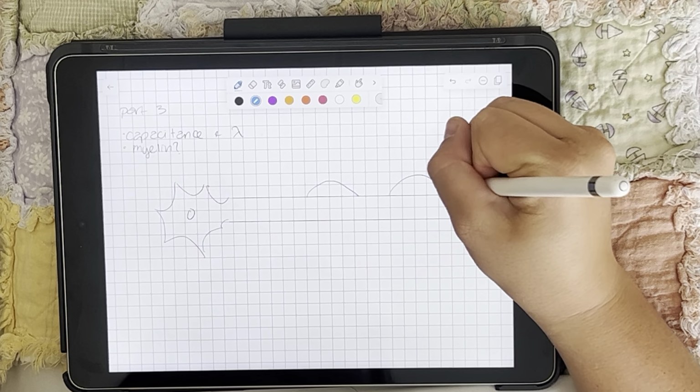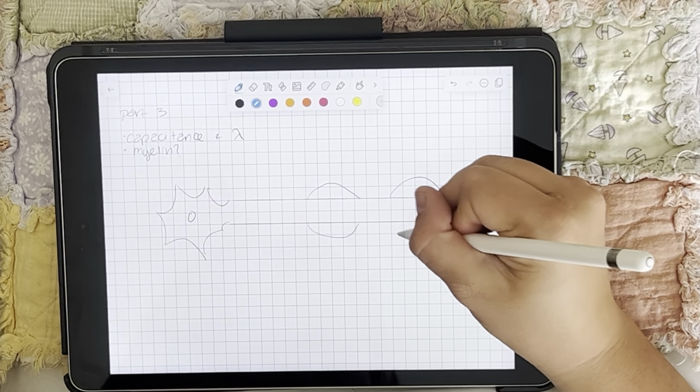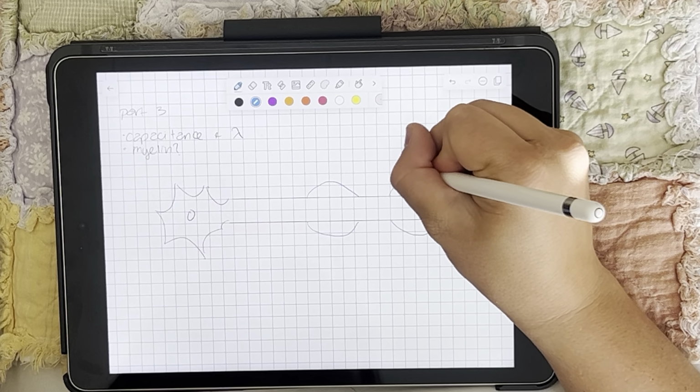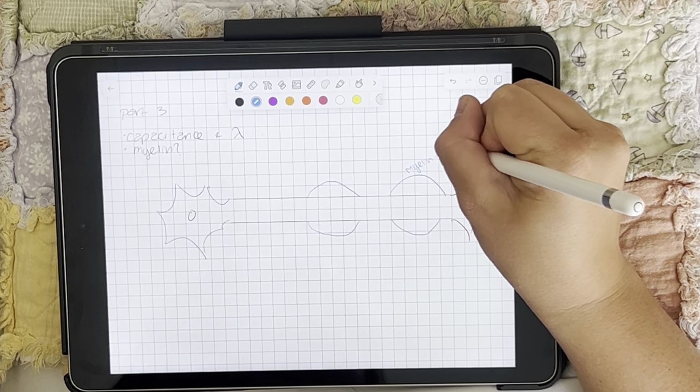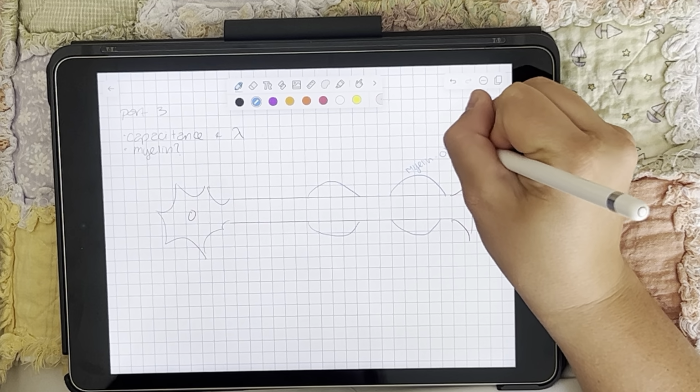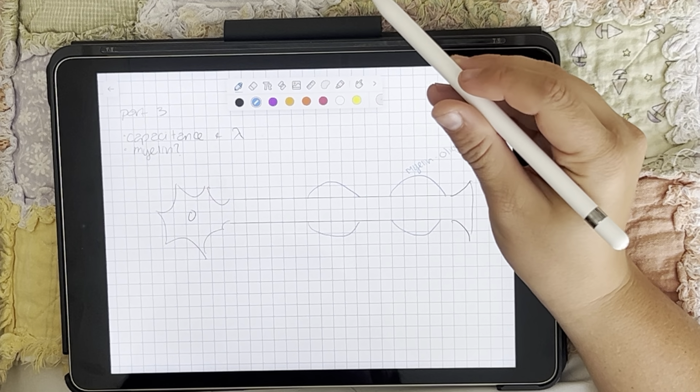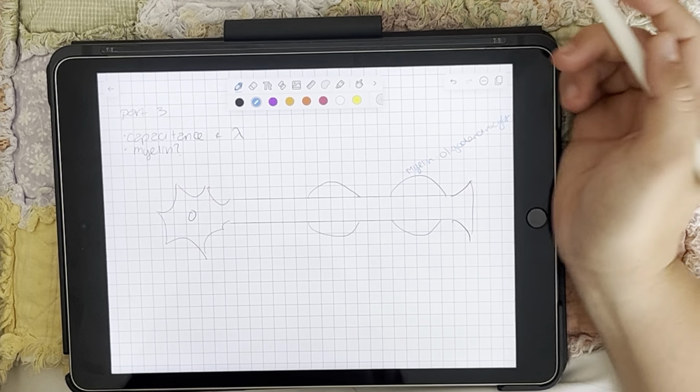This is my myelin. My myelin is made by my oligodendrocytes, and it's going to surround my axon.